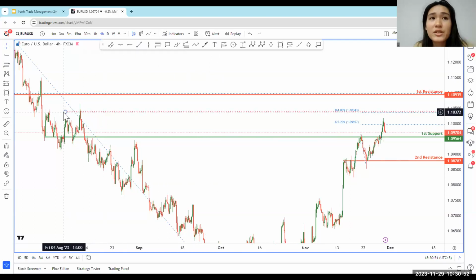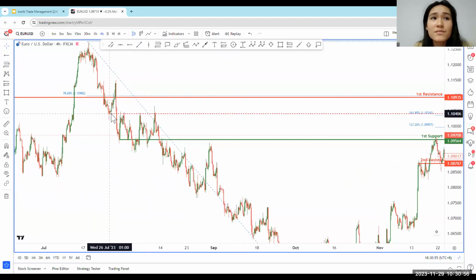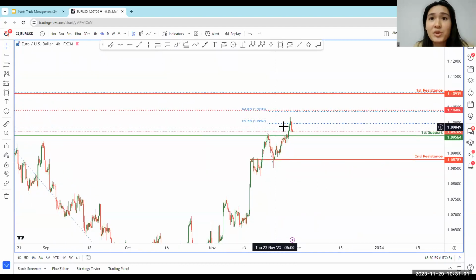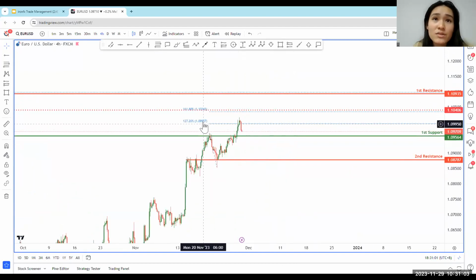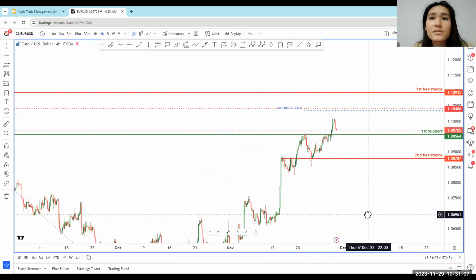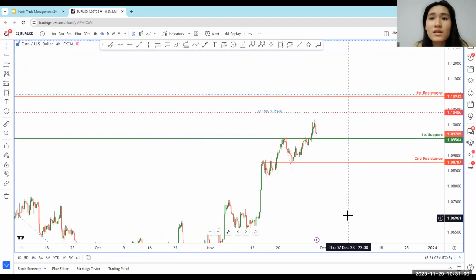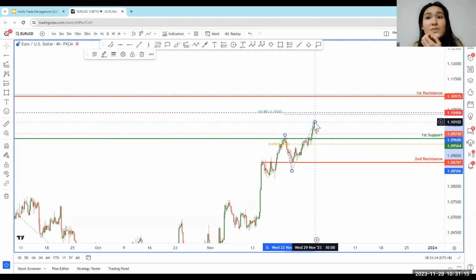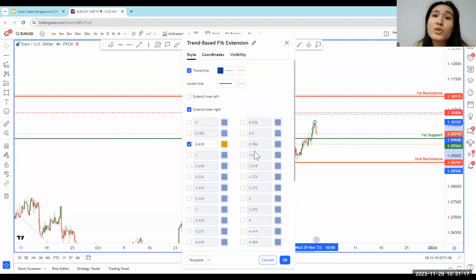I'm actually going to move our intermediate level to these 3 swing highs here, in line with the 161.8, because price has already broken the 127.2 as you see here. So you can see the first support and resistance placement is purely graphical. We go in and adjust it later on.